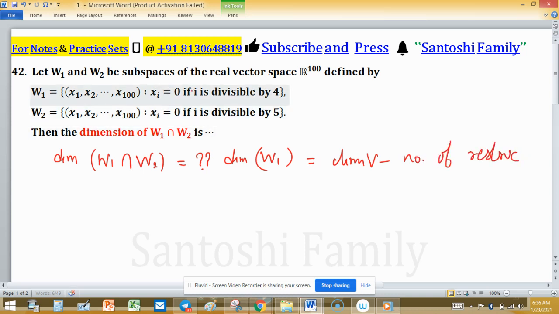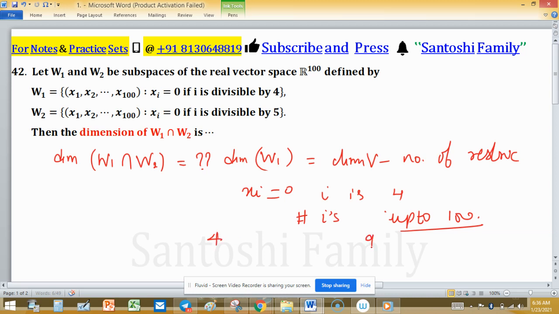And how many restrictions? x_i equal to 0 when i is divisible by 4. So how many i are there, up to 100? The least i will be 4 and the largest one will be 96.